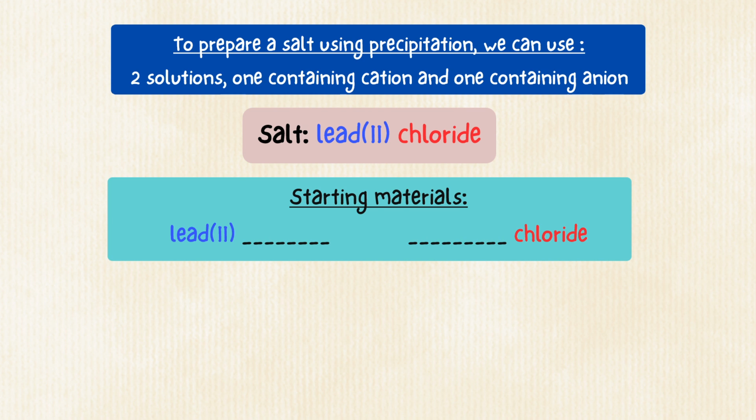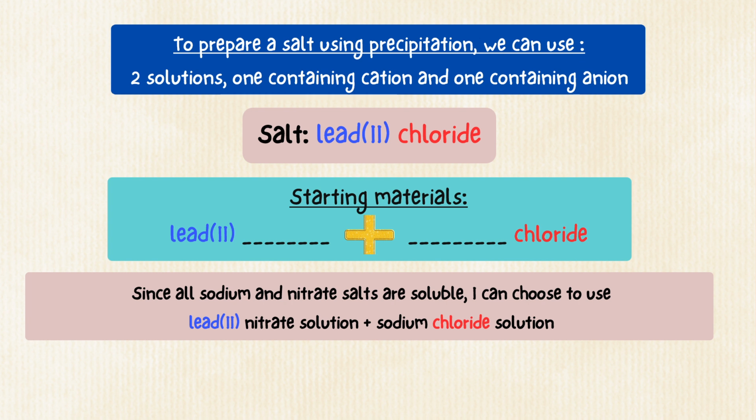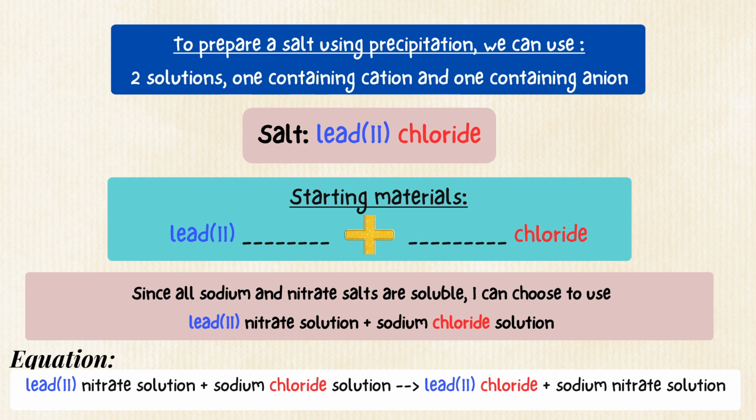Now, because I want both of them to be solutions, I have many different salts that I can use to prepare lead-2 chloride. But what do I like to use? Since I know that nitrate salts as well as spar salts, sodium, potassium, or ammonium salts, are always soluble, I have a slight preference. I like to always use lead-2 nitrate and sodium chloride so that I can always ensure that they are solutions. So this is the equation.